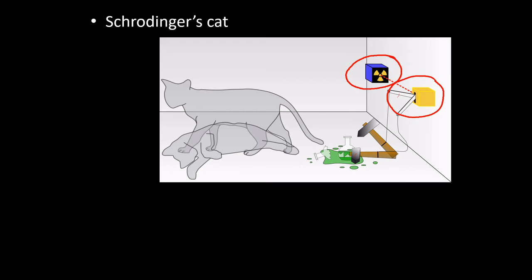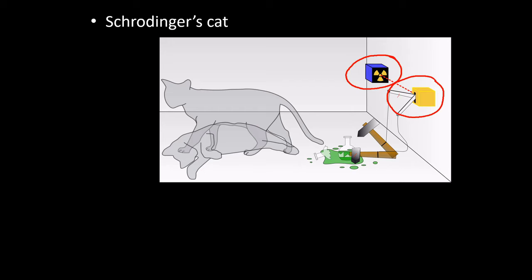Essentially, the cat became both dead and alive, because at that very moment there was a chance that the radioactive isotope decayed and released the poison, killing the cat. Because there was a chance that it could happen, it did happen. Because that is essentially what quantum mechanics says.